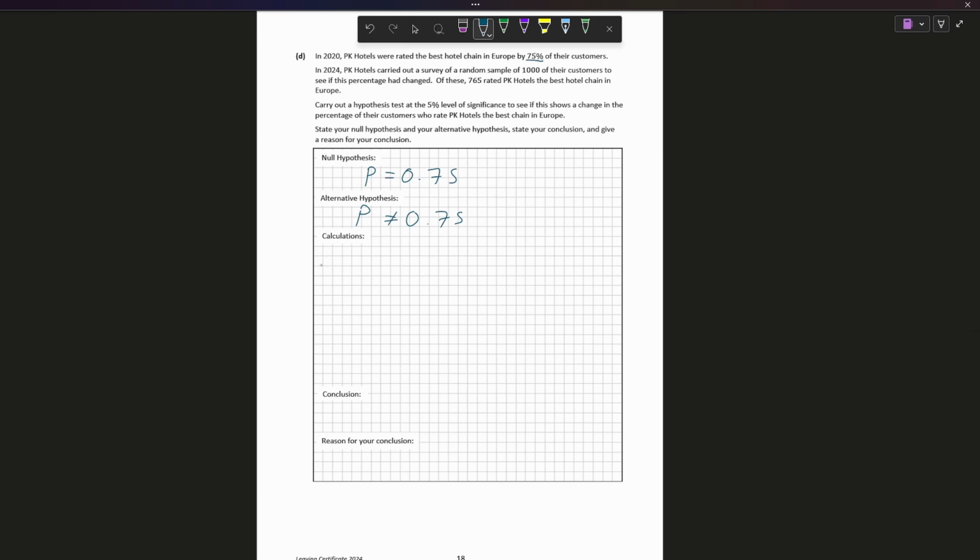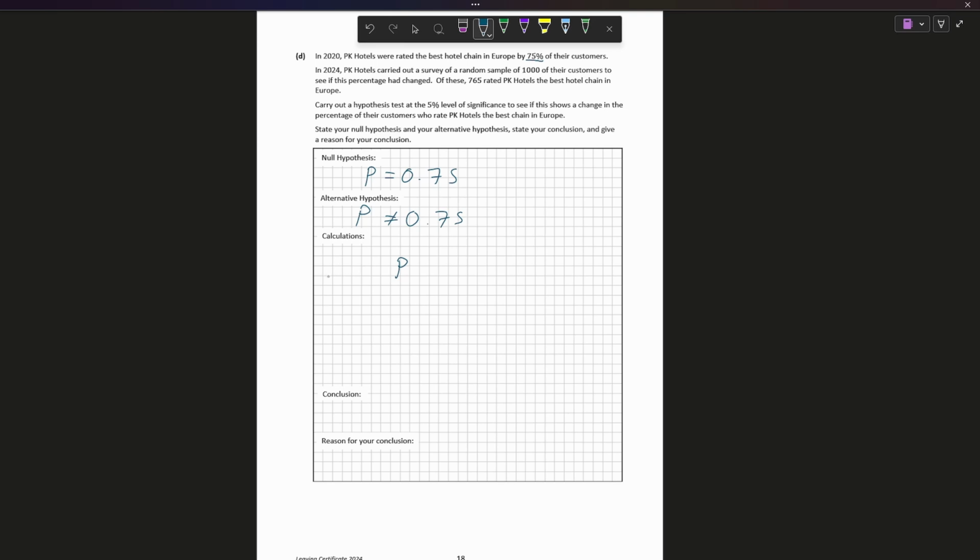Okay, so this is the part where it's kind of weird, and this is where you want to understand what you're actually doing. So we have P in the middle, right? 75%. Now, we're conducting a survey, but it's very unlikely that we're going to get 75% on the dot. So we're going to give ourselves a bit of margin of error. That way we can say that we're confident, but not exactly on the dot.